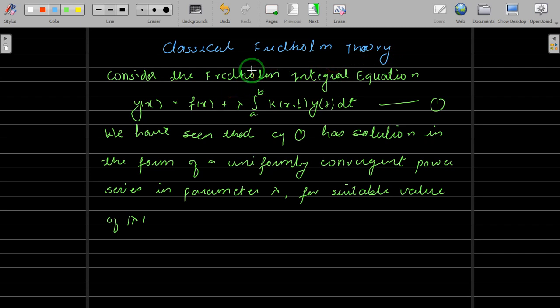We have seen this method for approximation which will work for all the values of lambda.